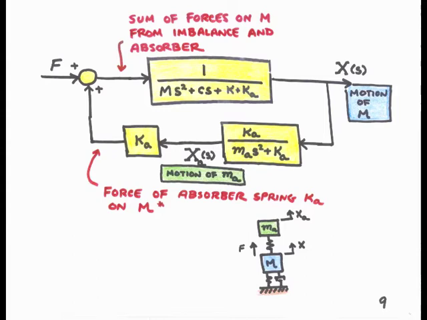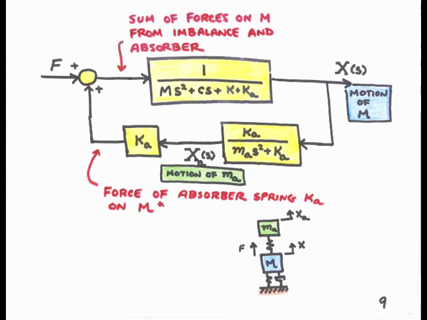These forces then go into the transfer function 1 over capital M S squared plus C S plus K sub A. And then the output of that block is the motion of mass capital M, which we refer to as X sub S. X sub S then is input to the block K sub A over M sub A S squared plus K sub A. And this is the transfer function of the absorber between the motion of mass M and the absorber's motion, X sub A. X sub A is then multiplied by K sub A and fed back as a force to act on mass capital M, as we discussed earlier.